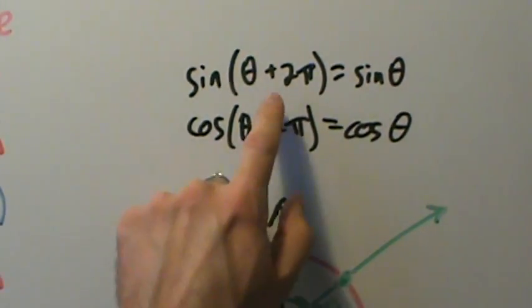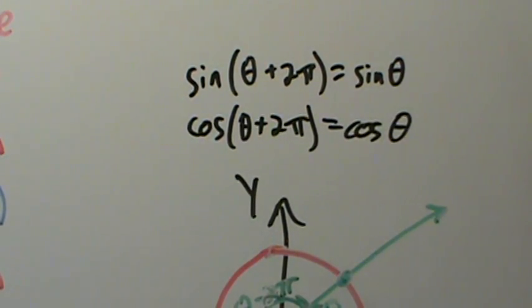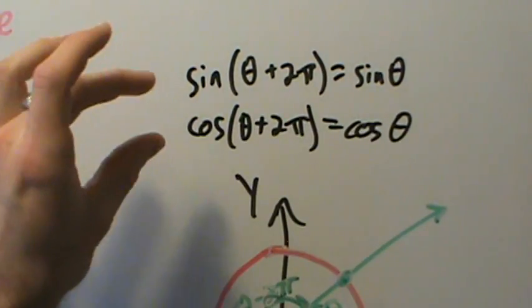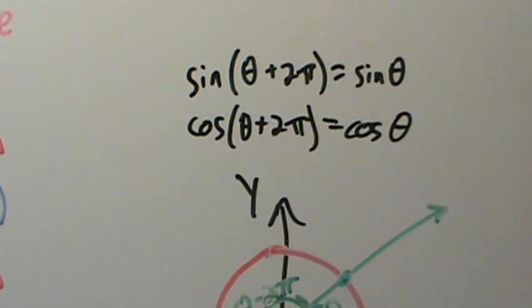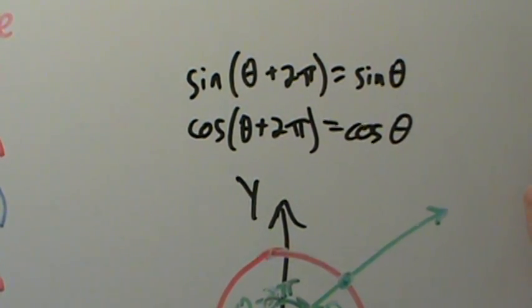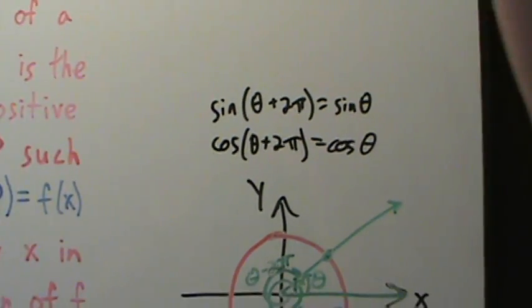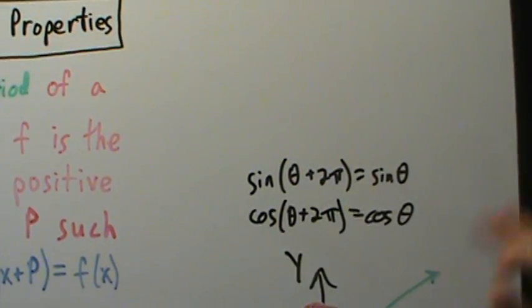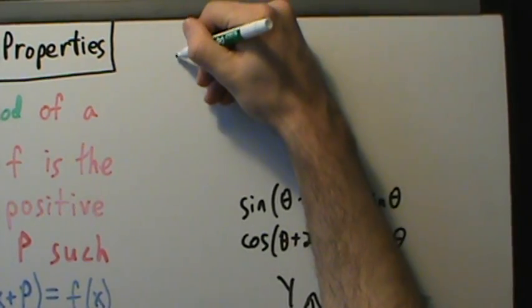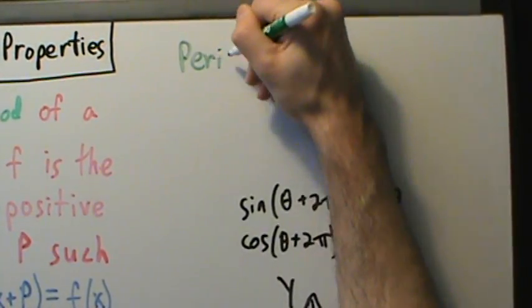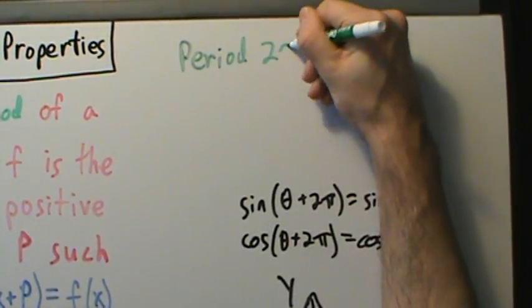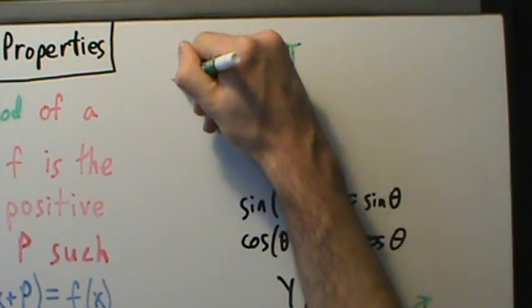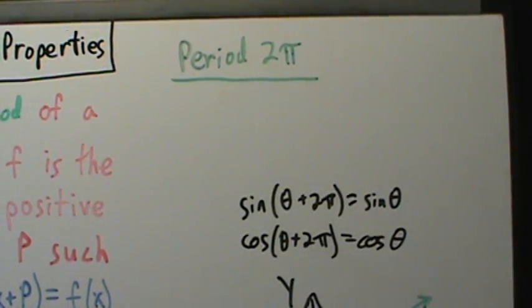And as it turns out, 2 pi is the smallest positive number that satisfies this for sine and cosine and secant and cosecant. So let's make a little chart. These are going to be our 2 pi periodic functions. So let's say period 2 pi. Notice we're leaving out tangent and cotangent because their period is actually different, which we'll see.